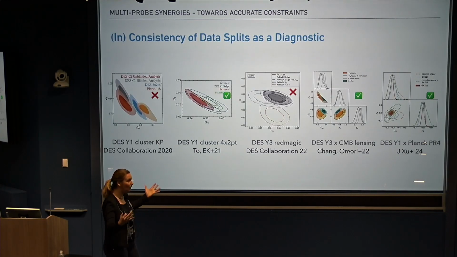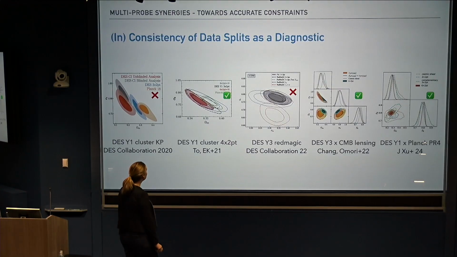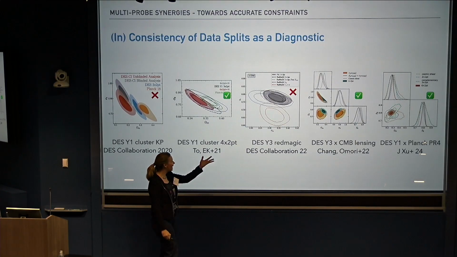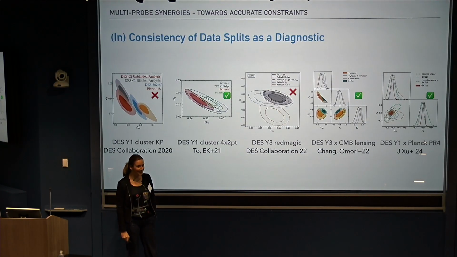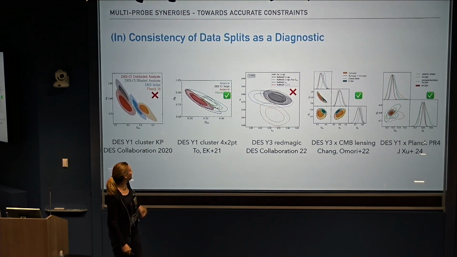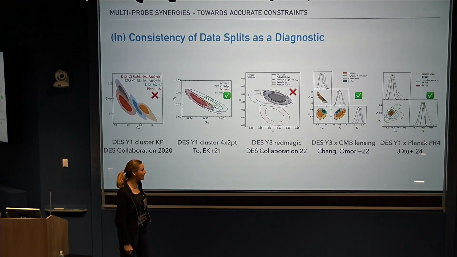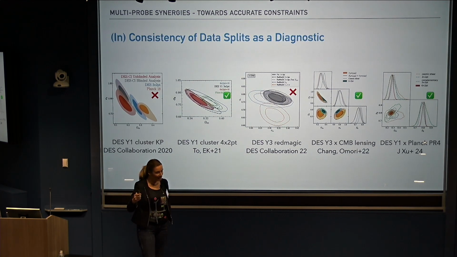And of course, we all do these consistency checks all the time. Here, I just want to highlight 2 cases where we found surprising results to illustrate the process, and maybe having these offset contours helps to remember that these checks are really important.